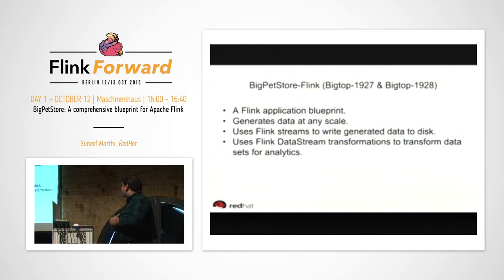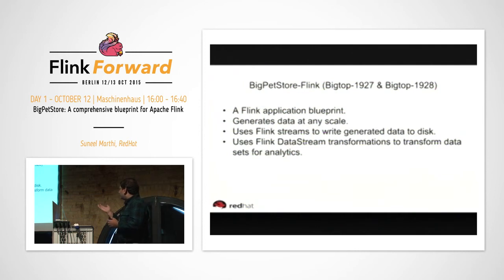So then the idea came, okay, we have the BigPetStore application, which is already there in place for Spark and MapReduce. So I think we should also integrate that with Flink, and that would be a good sniff test for Flink itself. And this is something that Flink could use for the Flink ML project as part of the data generation for testing out Flink ML algorithms.